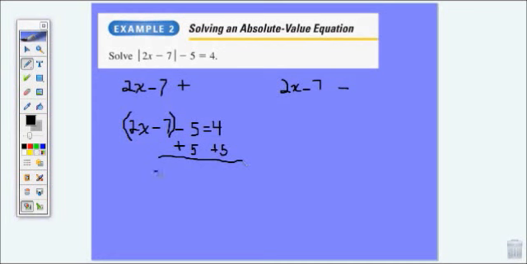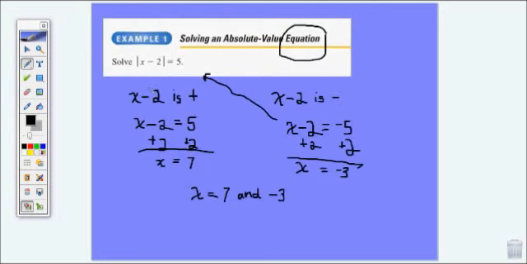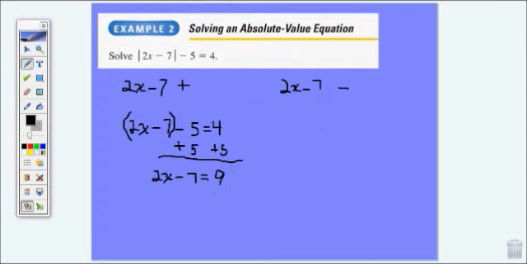So now I have my quantity again, 2x minus 7, and that is going to equal 9. And on this side, I said it was going to be a positive 9. Now this looks very similar to what we started out with, an equation and one constant term in example 1.